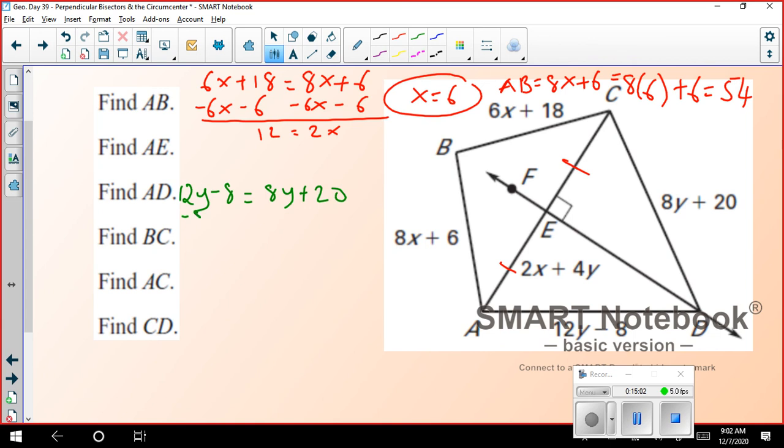So subtract 8y and add 8. You'll get 4y equals 28. Then dividing by 4 on both sides, you'll get y equals 7. And AD was 12y minus 8. So 12 times 7 minus 8 gives us AD equals 76.